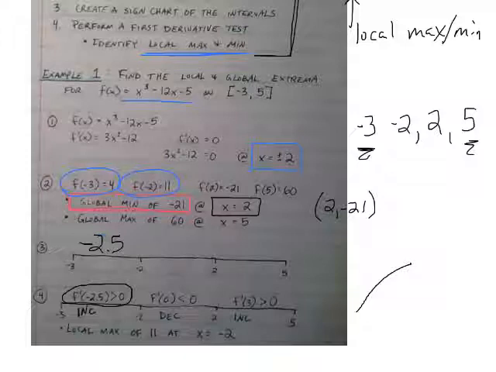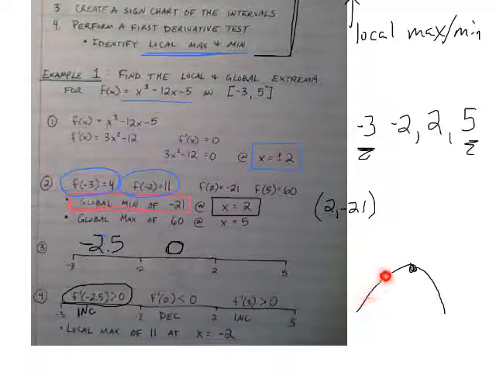And then the next interval is from -2 to +2. So I find some number between there, and that derivative value is negative. So I then know it's decreasing after there from -2 to 2. And if that's happening, then I know that I have a local max at -2.